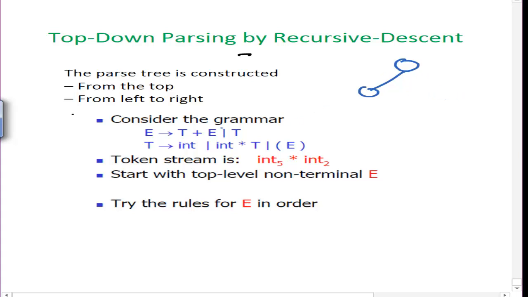We'll explain this with an example. Say we have a grammar where the start symbol is E, with E going to T plus E, or T, and T goes to int, and int times int. Let's try to build a parse tree for the input string int 5 times 2. We start from E, and we start building our parse tree in order.